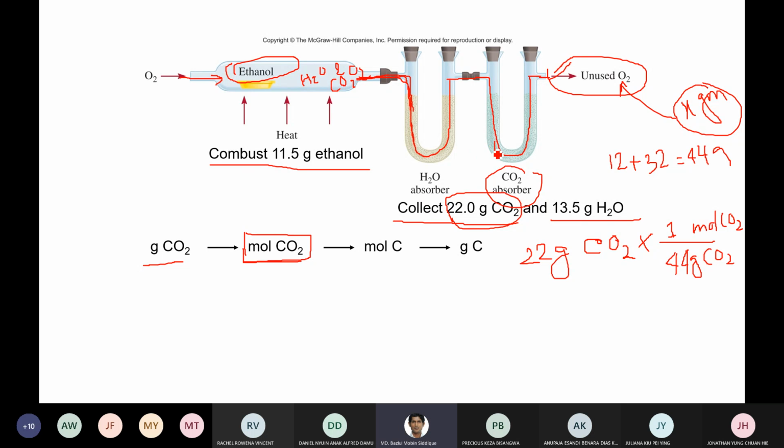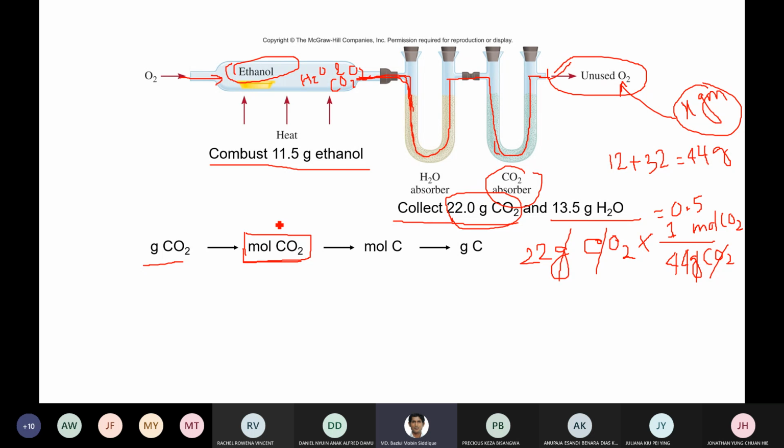The gram of carbon dioxide cancels out, and 22 divided by 44 gives 0.5 moles of carbon dioxide.